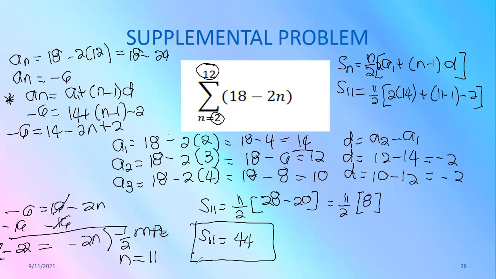So ulitin natin, ang arithmetic sequence, ito yung mga list of numbers that has a common difference. So pag sinabi nating arithmetic series, ito ay sum lang ng arithmetic sequence. Okay, yung S sub n natin, yung ginagawa lang natin dito is partial sum. Pero this is considered as arithmetic series.